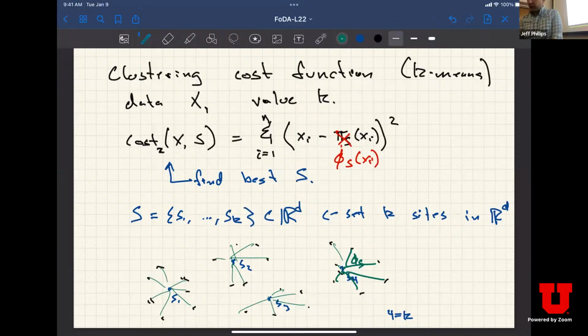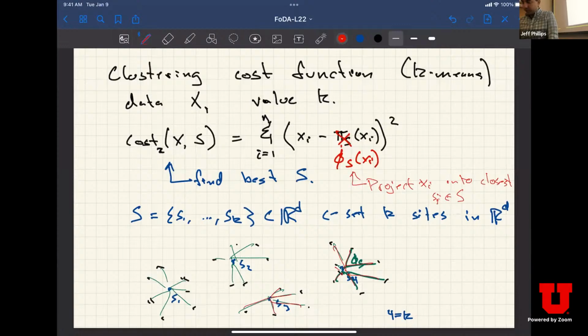Project x_i onto the closest S_j in S. This is the main idea here. I should have drawn this in red.